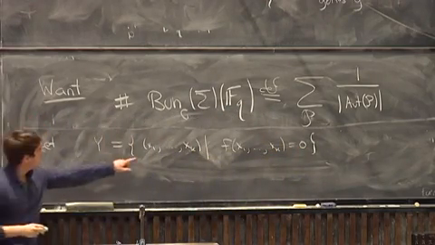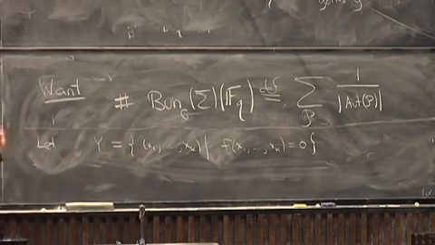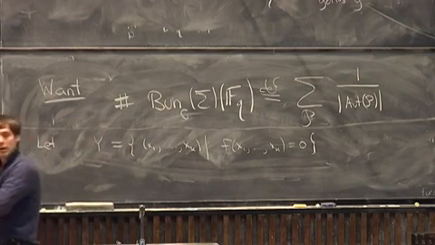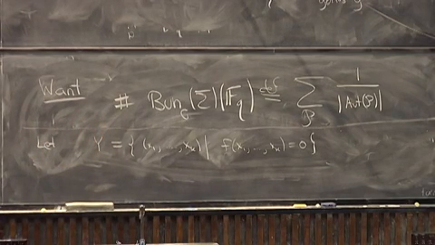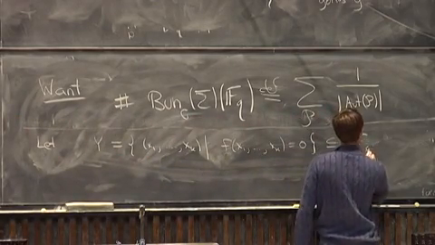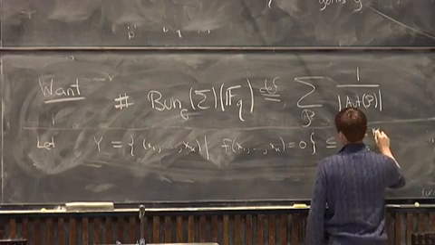Here I mean that I want this to be an algebraic variety over F_q, meaning the coefficients of this polynomial live in F_q. But when I think of this as an algebraic variety, I'm looking for solutions that lie in the algebraic closure of F_q. So let's think of this as a subset of the algebraic closure of F_q to the power k.